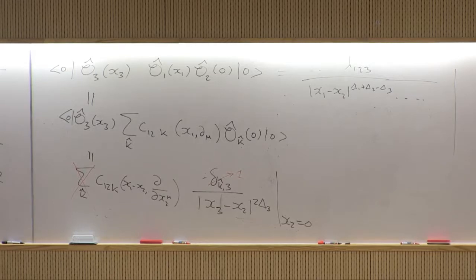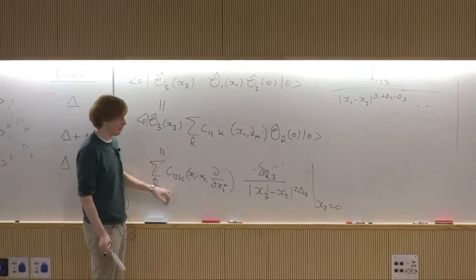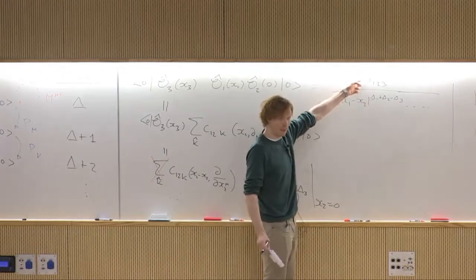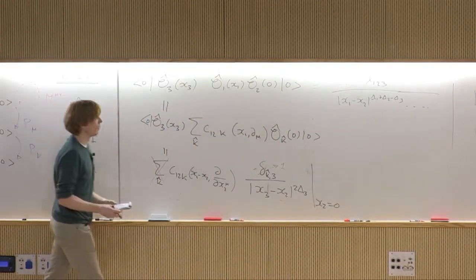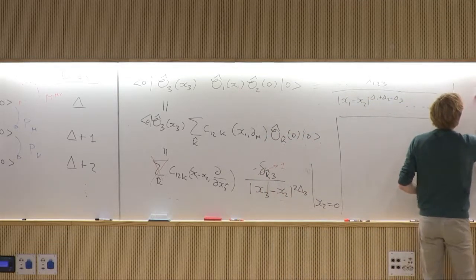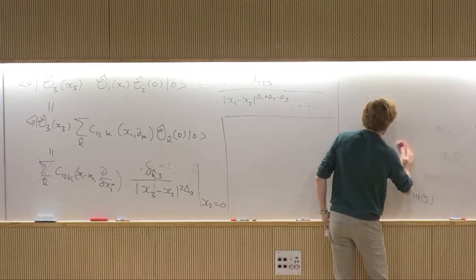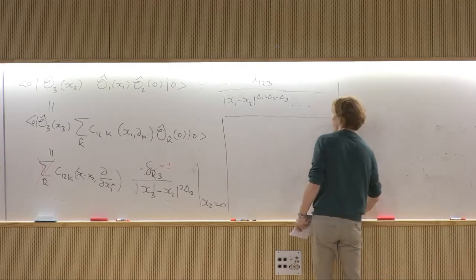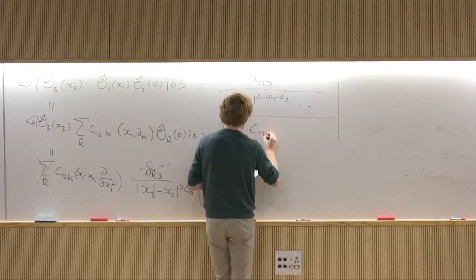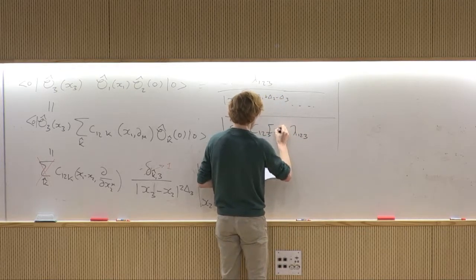So what I get is that this C1 to k, which in principle could depend on the operators involved in some very complicated way, these being just three operators in the theory, is actually almost entirely fixed by conformal invariance. More precisely, I see now that C1, 2, 3 is basically lambda 1, 2, 3.